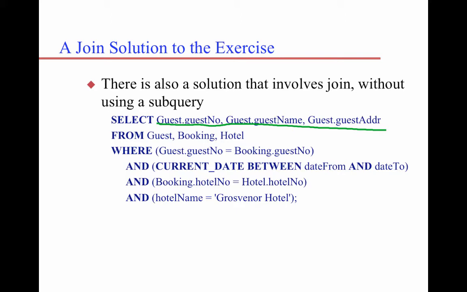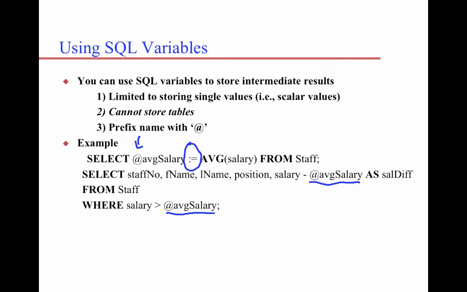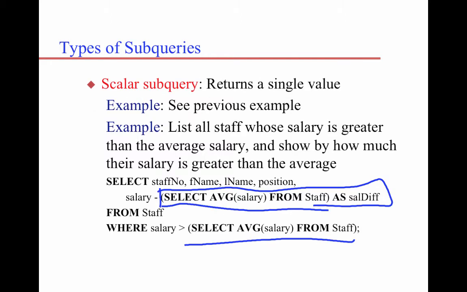Now there was one query we had where you absolutely could not get it with a join. Right here, where I wanted to select staff whose salary was greater than the average salary, there was no way to get that via a join because you were using a scalar.